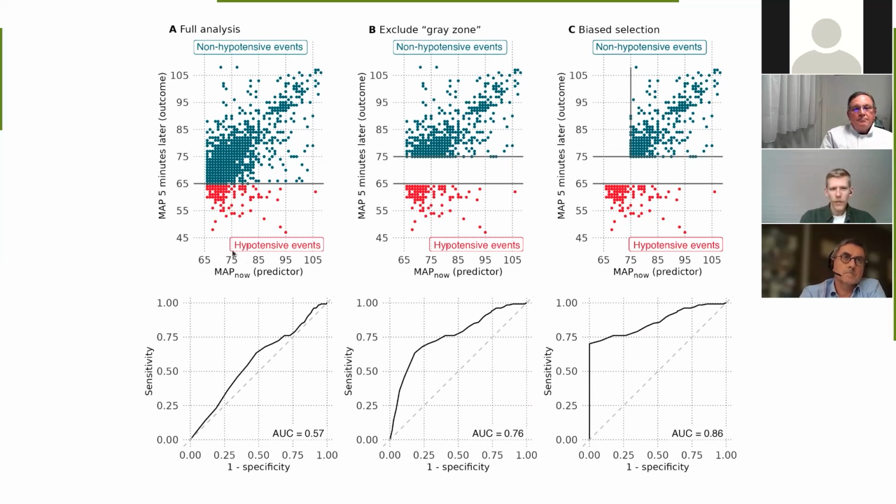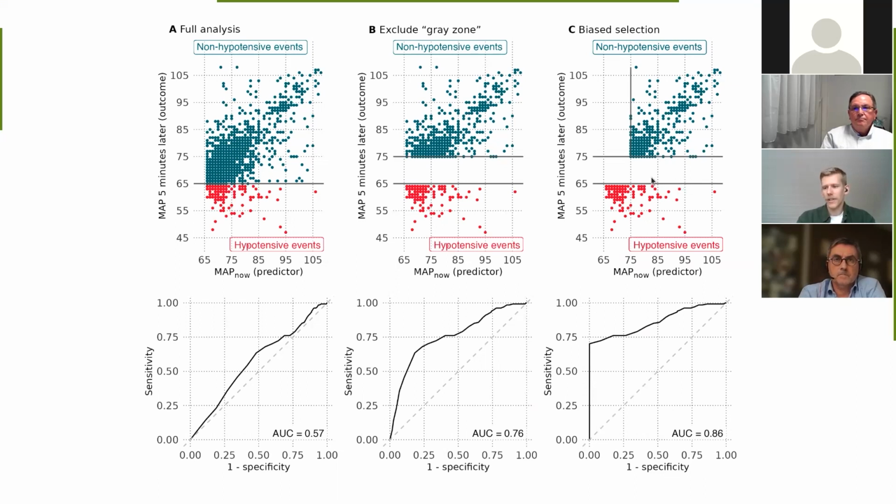And we can see that on this data, MAP alone is a quite poor predictor of hypotension. Then, if we remove the most difficult situations where the outcome MAP is between 65 and 75, sometimes referred to as the gray zone, then the prediction becomes quite a lot better. And I believe that this is what the developers of HPI intended to do.